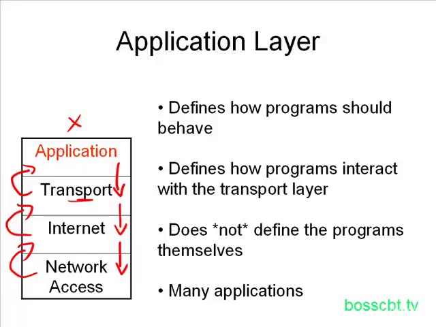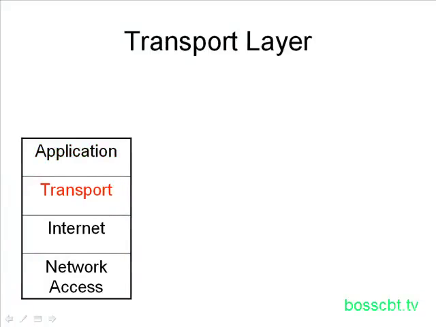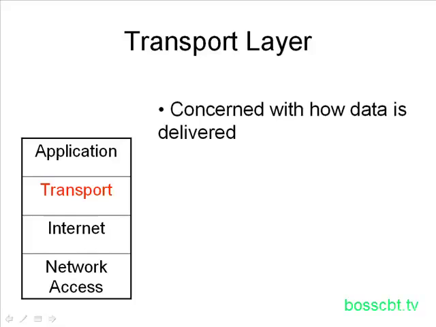All right, so let's move on now from the application layer. We'll take one step down into the transport layer. Now, it's at the transport layer where we're concerned with how data is actually delivered. So at the application layer, you have a program running, it generates some data, it needs to send it to another computer. So then the transport layer gets involved, and here we start to come up with ideas and methods on how to actually deliver that data.